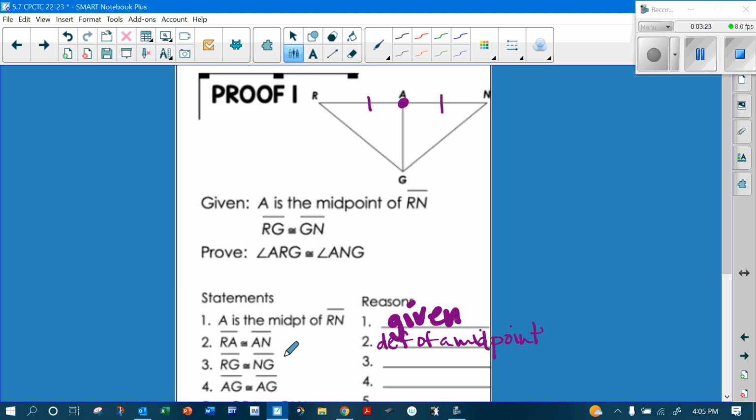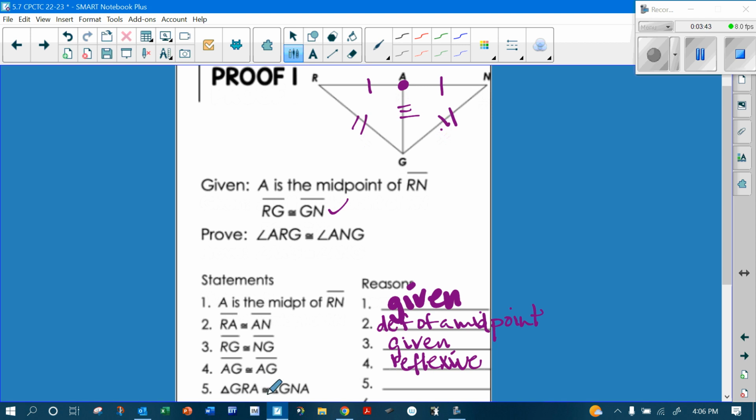Now, RG is equal to NG. That is also given. AG is equal to itself. That's reflexive. All right, so now I can prove that this triangle, GRA, is congruent to this triangle, GNA, by side-side-side.